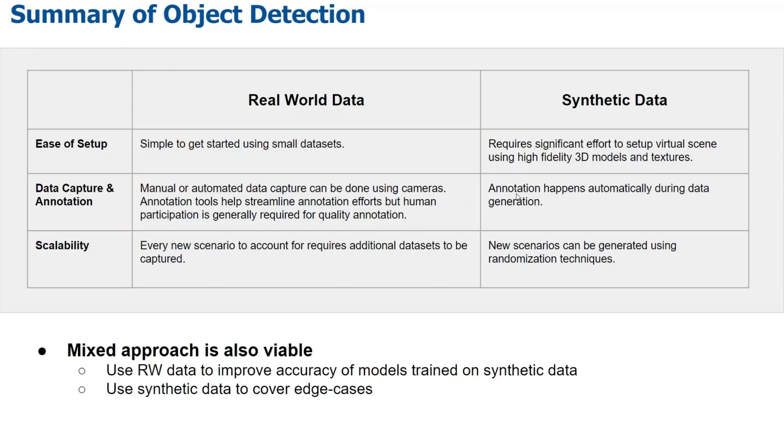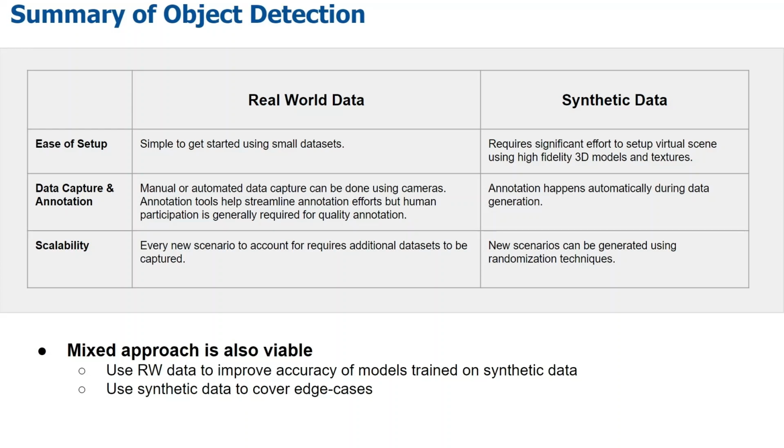Of course, there's no rule stopping us from mixing the datasets, which is an entirely viable strategy. For example, you could collect real-world data to refine and improve the accuracy of models trained largely on synthetic data. You can also use synthetic data to cover edge cases or bridge gaps where there is not enough real-world data.